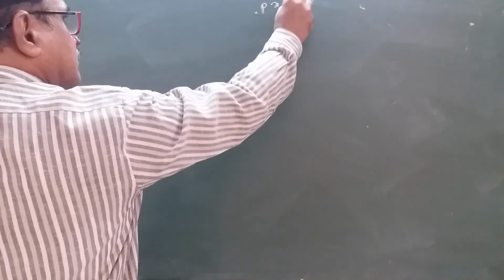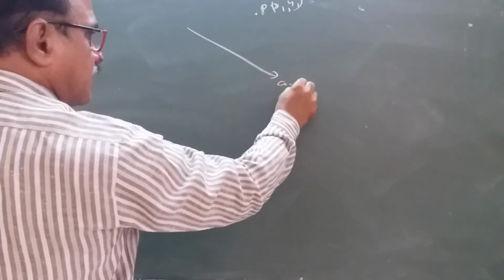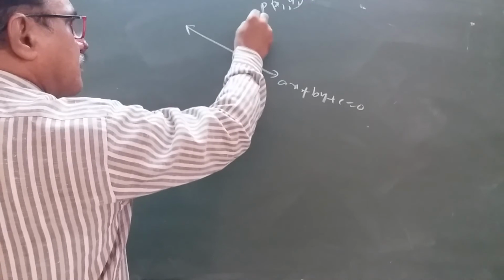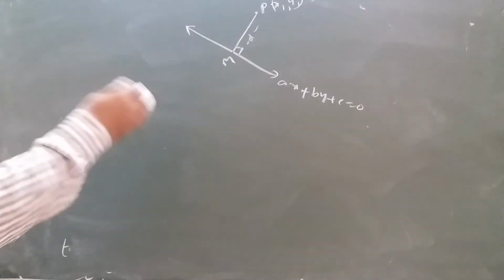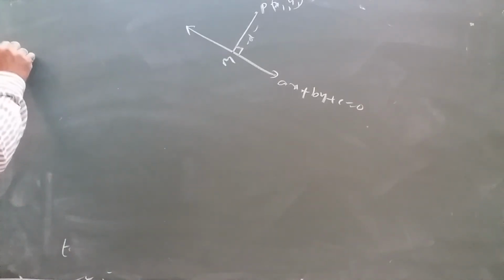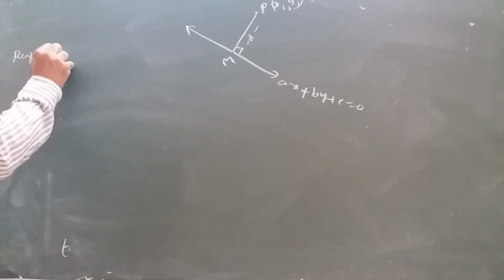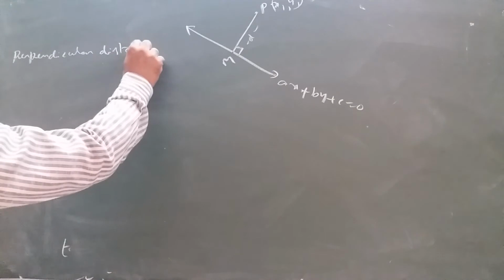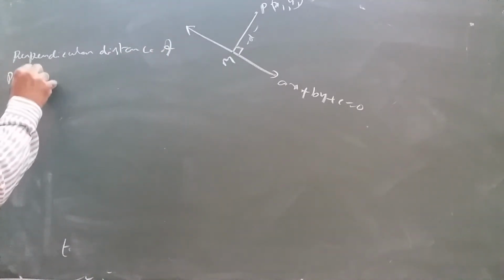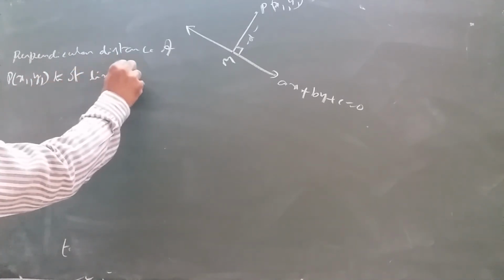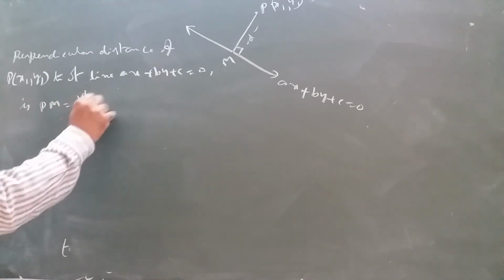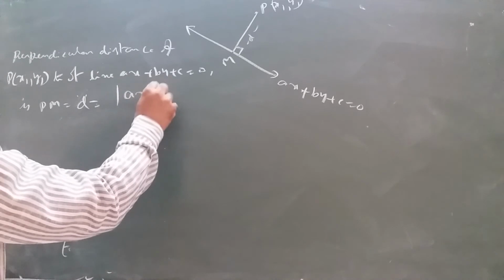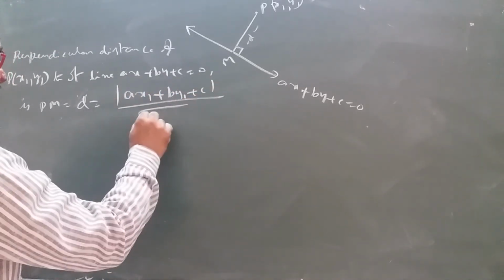If there is a point P (x1, y1) and a straight line ax plus by plus c is equal to 0, then the perpendicular distance PM, this is d, can be found by using the formula: d is equal to mod of (a x1 plus b y1 plus c) by root of (a square plus b square).